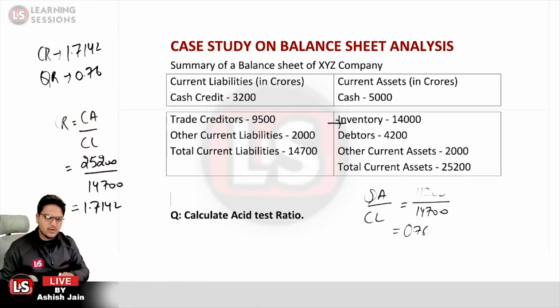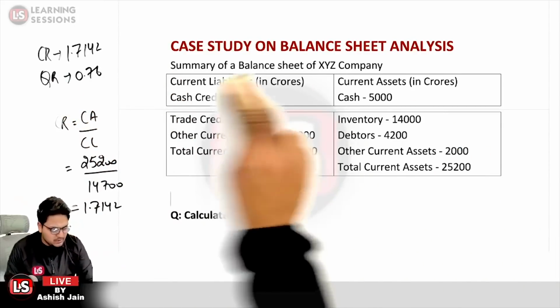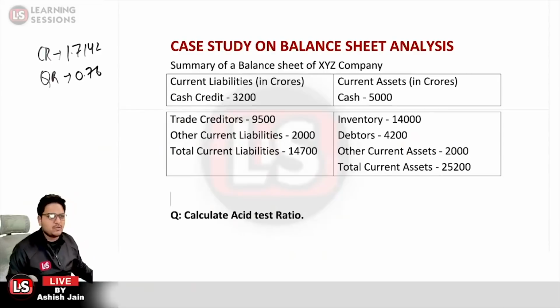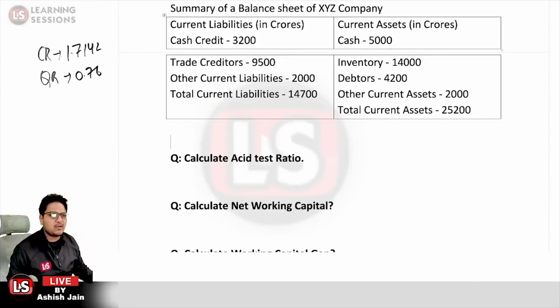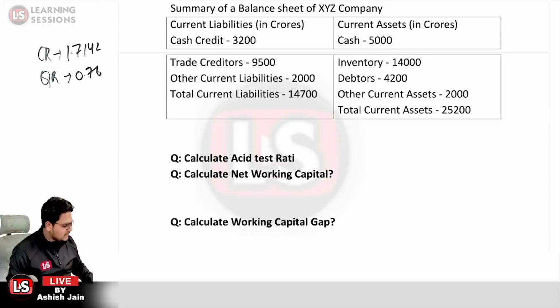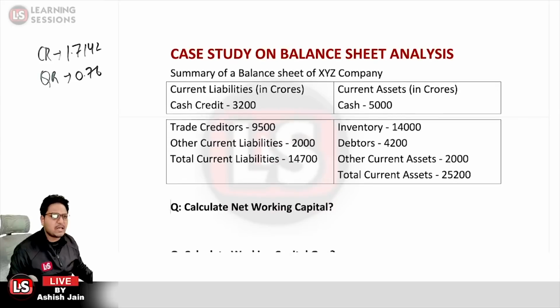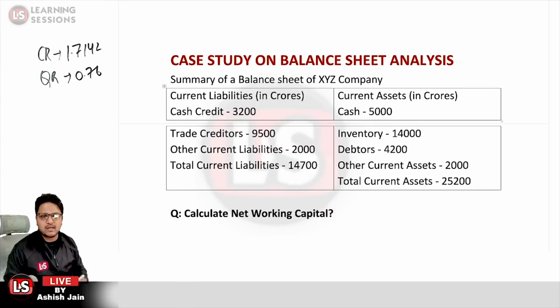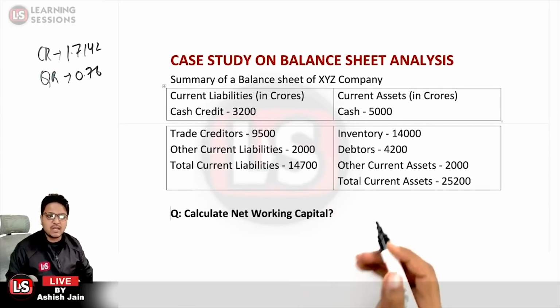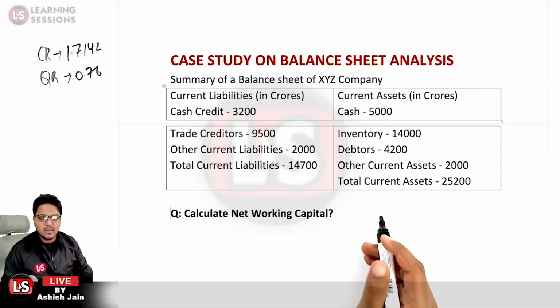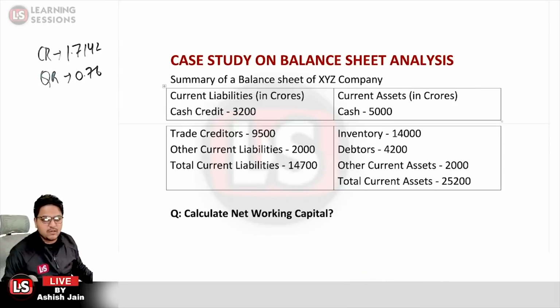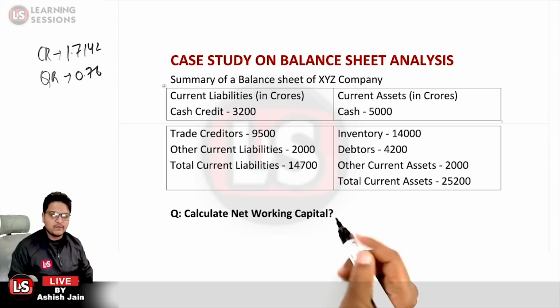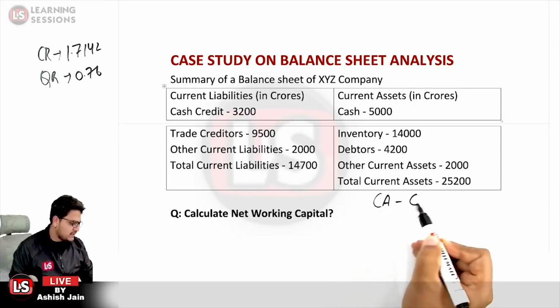Okay, now let's move to the next question. It says calculate the net working capital. Now what is net working capital? Working capital is the total current assets, that is the gross current assets. But in case of net working capital, it is the amount by which the current assets exceed the current liabilities. So it will be equal to current assets minus the current liabilities.